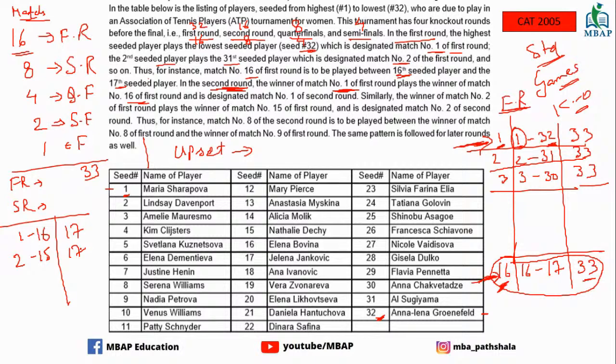Pratik asks how the first round will have 33 matches. Pratik, I didn't say that. I told you that the first round is going to have 16 matches. I don't know where you got the 33 from. This 33 is the total.